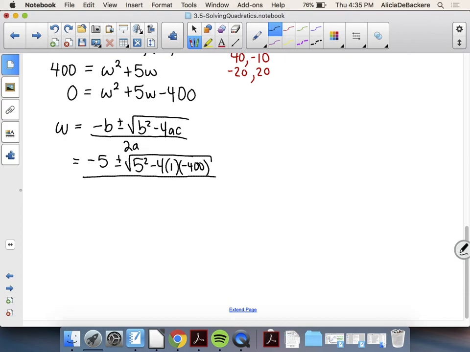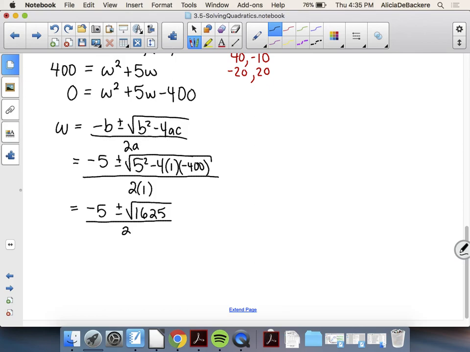Don't forget to extend that radical bar all the way to the end of the 400. And your fraction bar should go all the way from the negative 5 to the end of the root. Simplifying under the root, we get 1,625, and our denominator is 2.